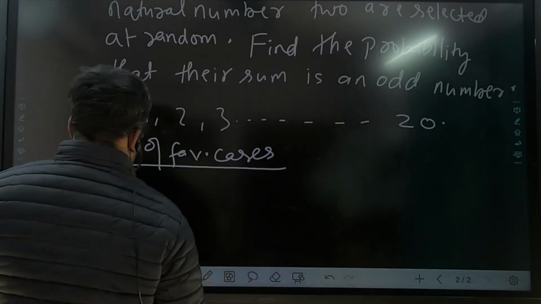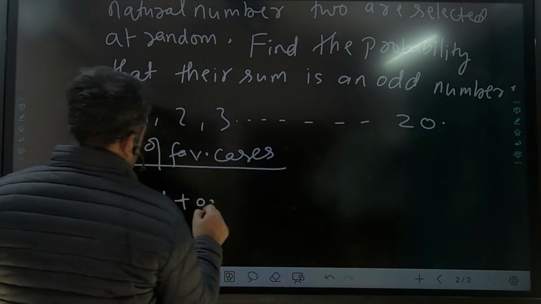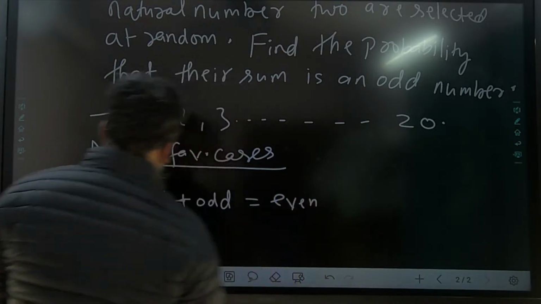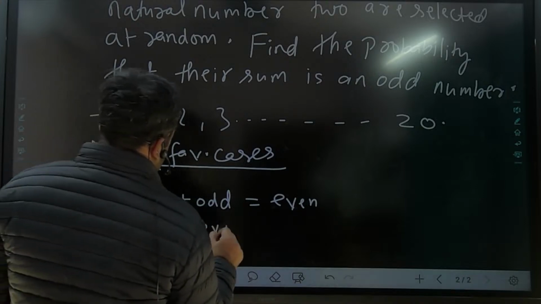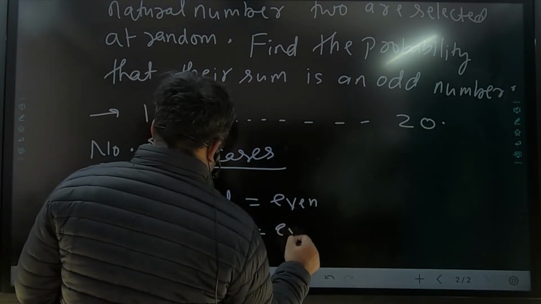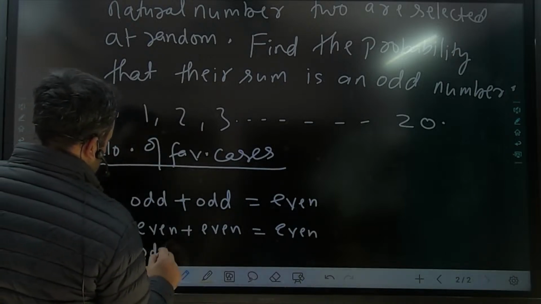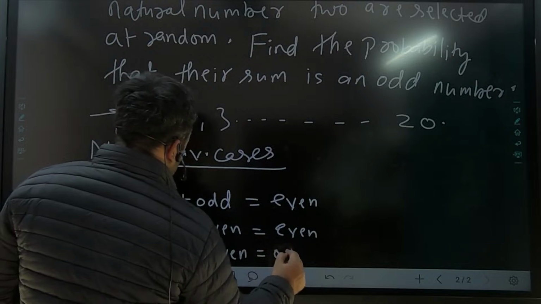So we should know this point, that if an odd number is added to another odd number, that brings an even number. Or if an even number is added to an even number, that also brings an even number. And if one number is odd and the other is even, if you add them, you will get an odd number.